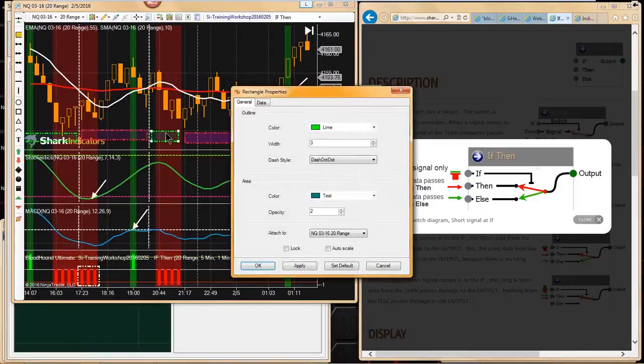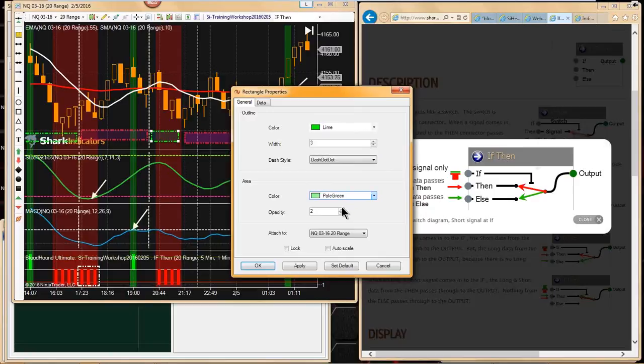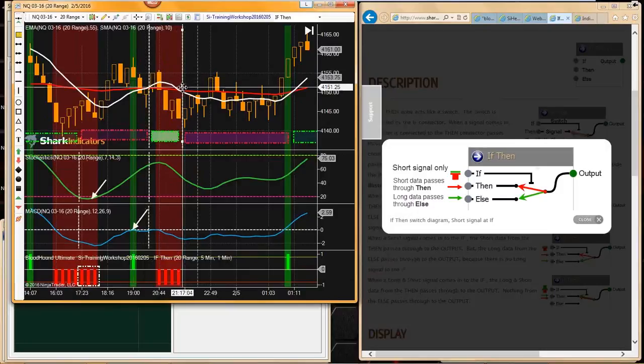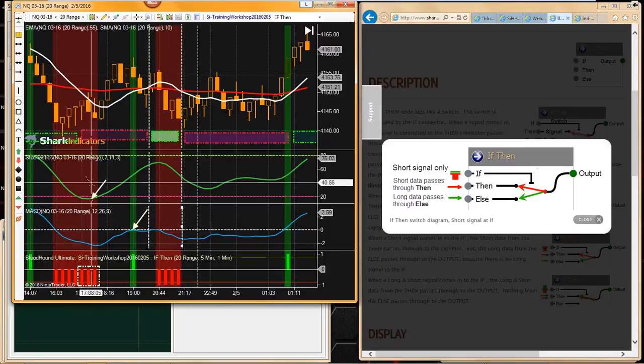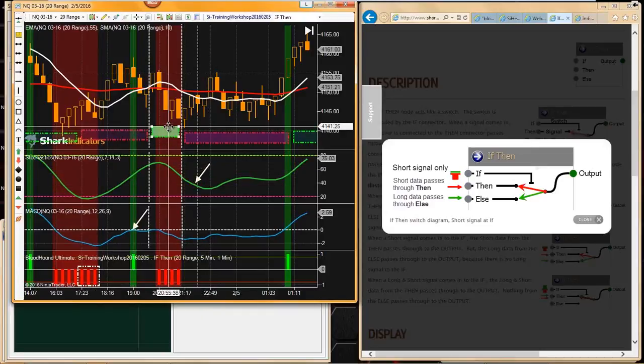Let's move on to this little area here. Okay. All right, so moving on to this area of the chart.